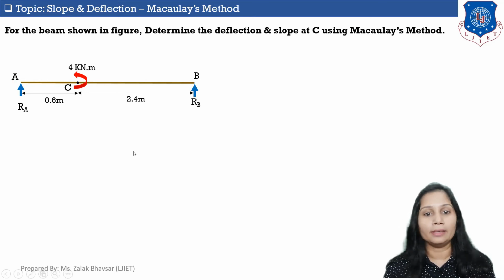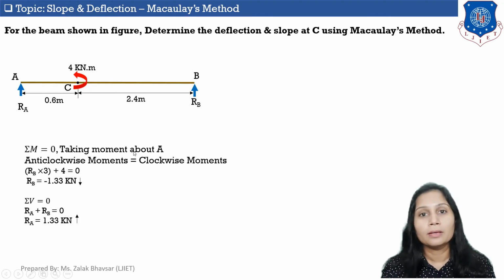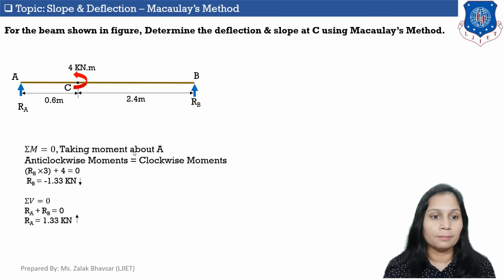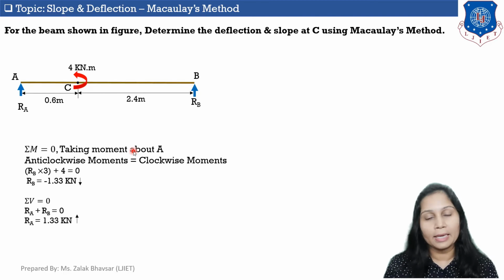So for calculating reactions RA and RB, we need to consider condition of equilibrium. So let's take first condition of equilibrium, which is sigma m is equal to 0, taking moment about A. So we can say that anti-clockwise moment is equal to clockwise moment.